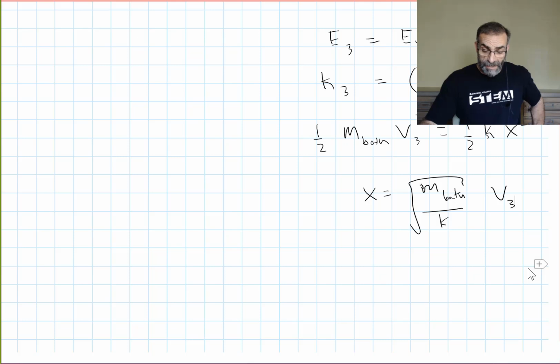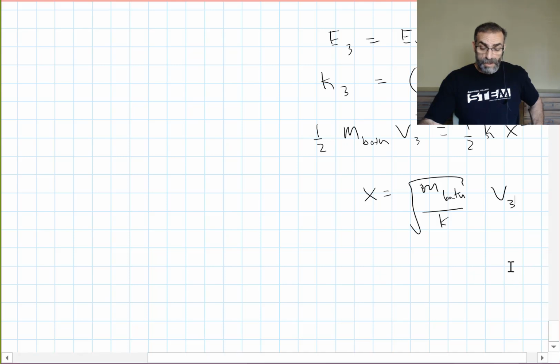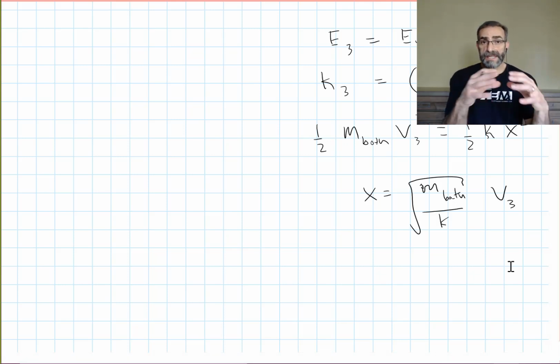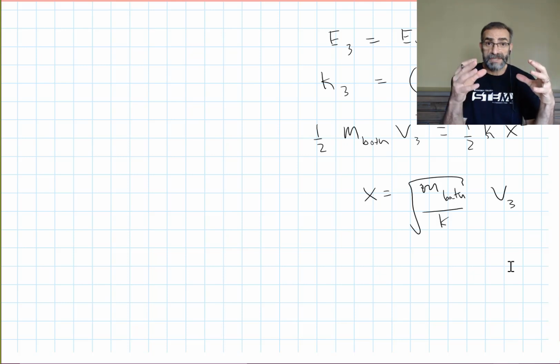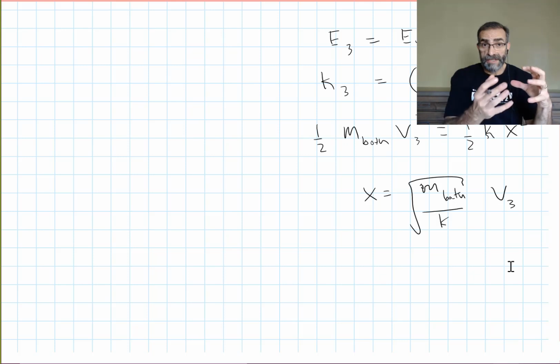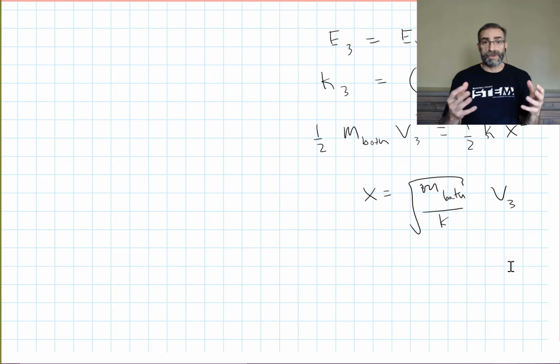Work done by spring. Yeah. Got it. Work done by a spring versus spring energy. It depends. If you're using the overall energy conservation approach and you include the spring in your system, then we don't have external work done by the spring.